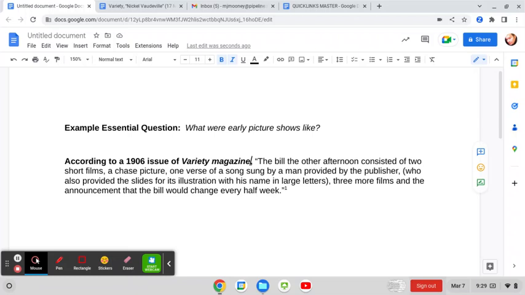Now, as I said, evidence supports your argument. It can't make the argument for you. So what you need to do is make an argument. You need to make an assertion and then back it up with evidence from the sources. What do I mean by that?